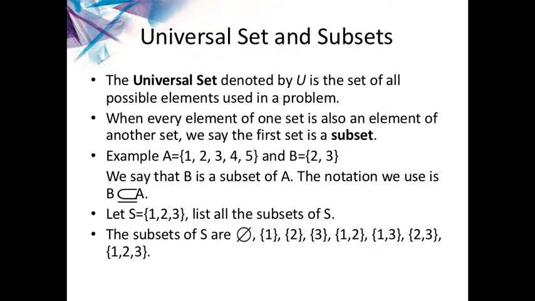And then {1} is a set, {2} is a set, {3} is a set, {1, 2} is a set, {2, 3} is a set, {1, 3} is a set, and {1, 2, 3} is also a subset of the set. So for any set, the set is a subset of itself.